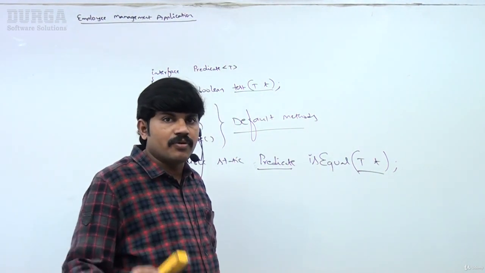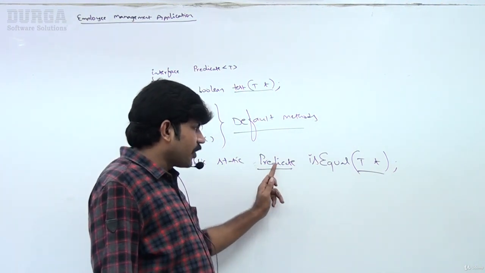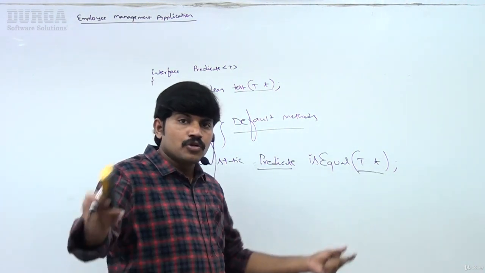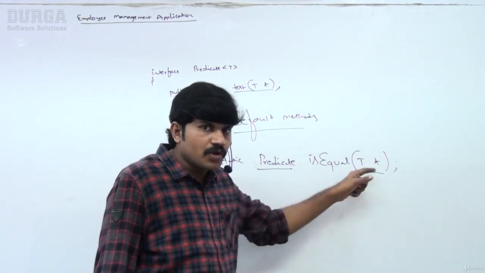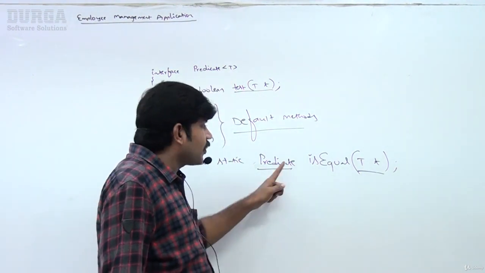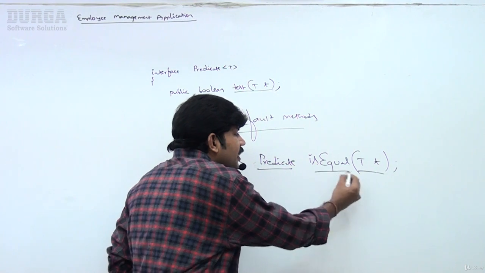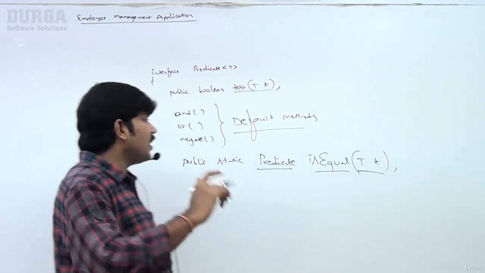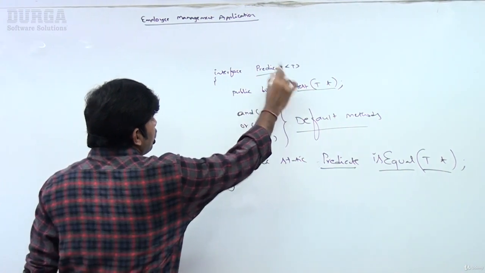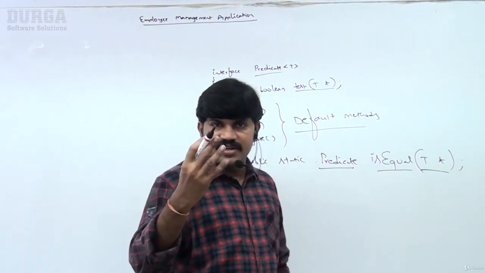Tomorrow, sir, I got a predicate with some element. For any element, is it the same element? Is it equal to this element or not? For that purpose, to check equality, we have to use the isEqual method, which is the static method present inside Predicate. Then immediately you ask, sir, we didn't get anything.